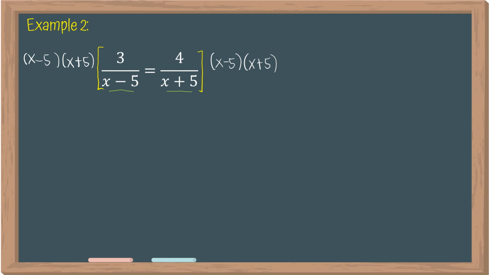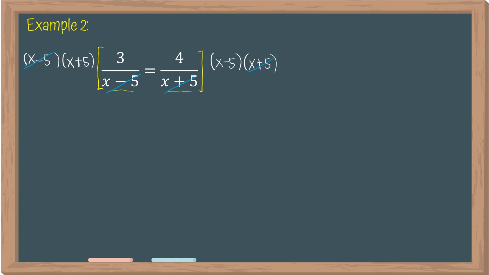So, after that, tingnan natin. How are we going to simplify this further? So, kung makikita nyo, meron tayong x minus 5 sa numerator and then x minus 5 sa denominator. So, in that case, pwede na natin siya i-cancel out. Ganun din sa right side ng ating equation. Meron tayong x plus 5 sa denominator and then another one, the numerator.